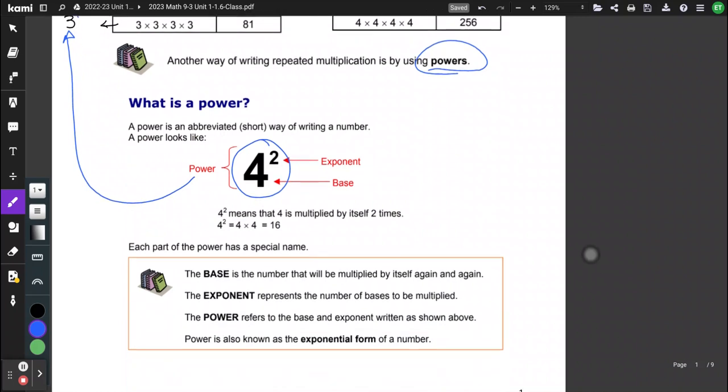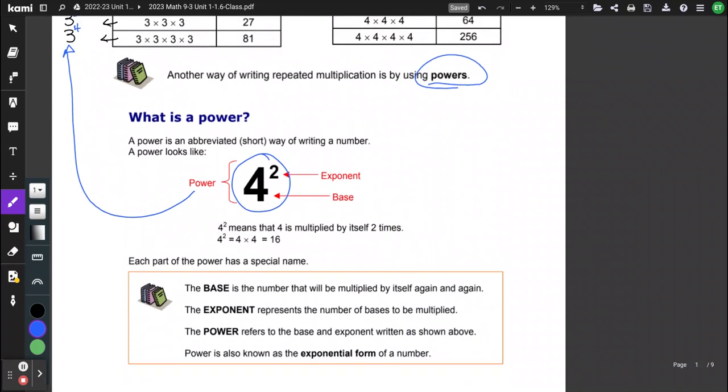There's a different way we can say it. I could call this 4 to the power of 2. I could say 4 squared. Or I could say 4 exponent 2.